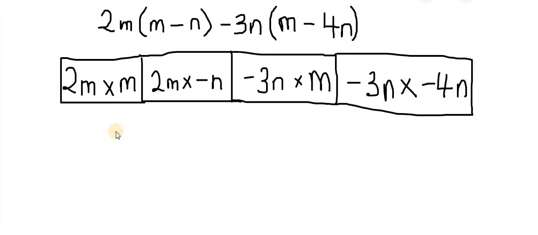All boxed up and separated to avoid any confusion. 2m times m, 2 times the invisible 1 in front of m, that's 2. M times m, they're the same. So that just increases the power, so m to the power of 2. 2m times minus n.